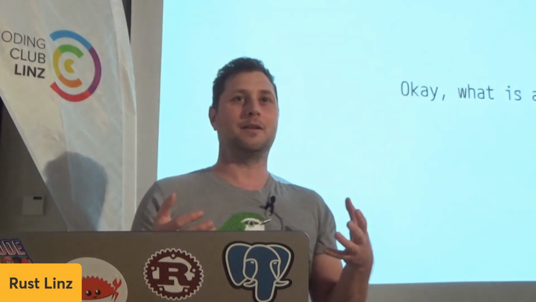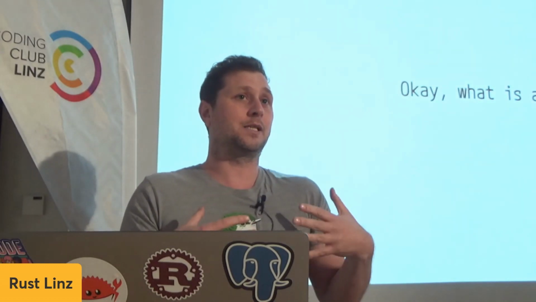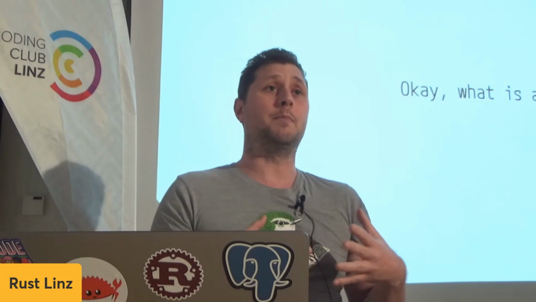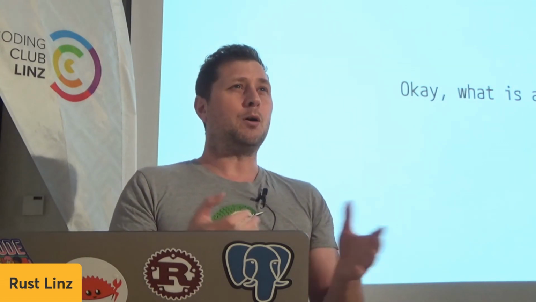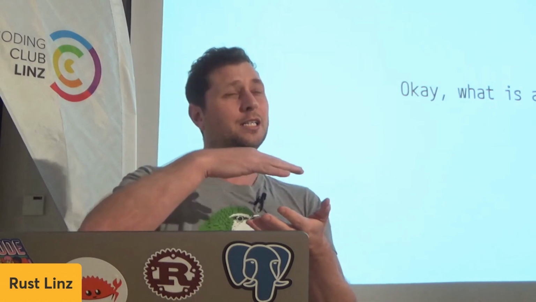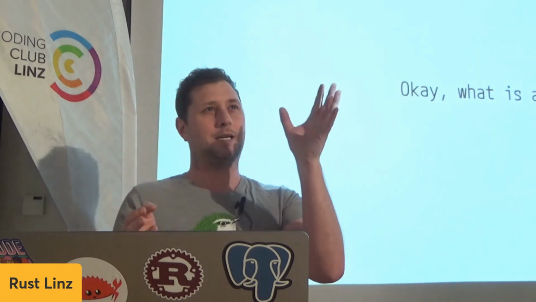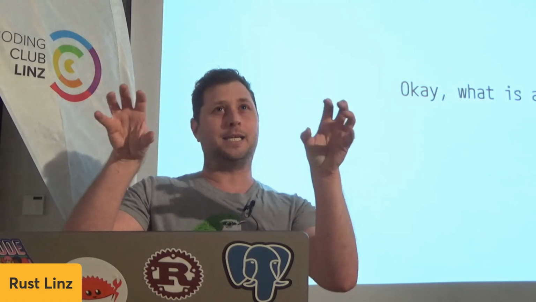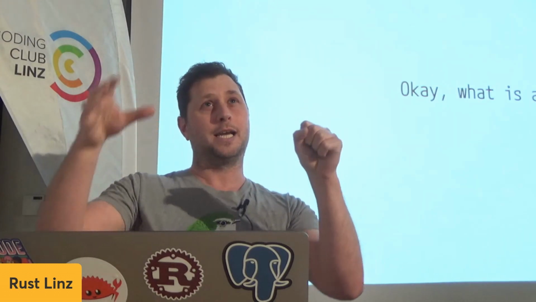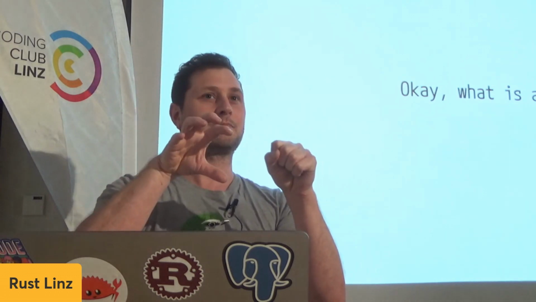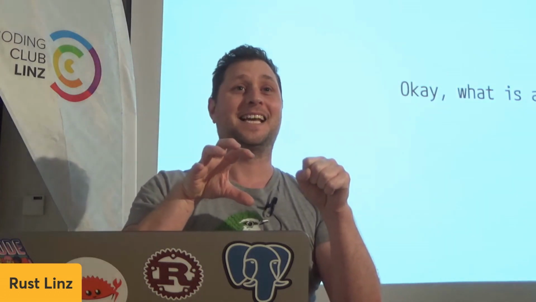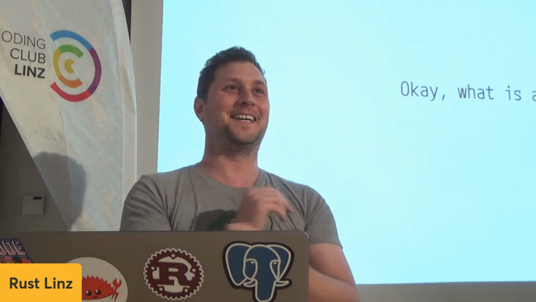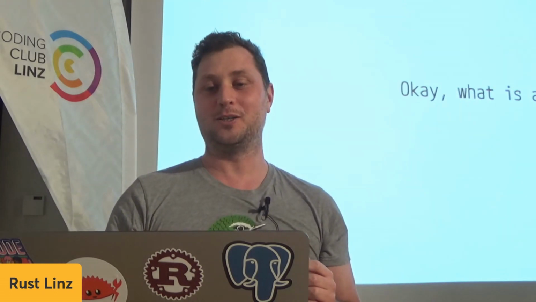I assumed, because before I learned Rust, I spent about a decade or a little bit more in Python, that box must mean something that could open or shut, or maybe there was a byte at the start and a byte at the end, some sort of tag left and right, and then the value was in the middle. None of that is true. Absolutely none of it is true. So I had the completely wrong mental model, which is quite useful when you try and learn a language where it's essential.